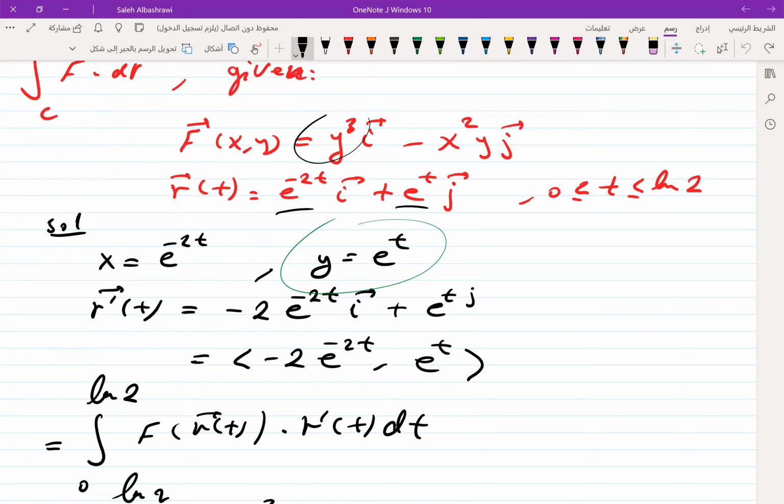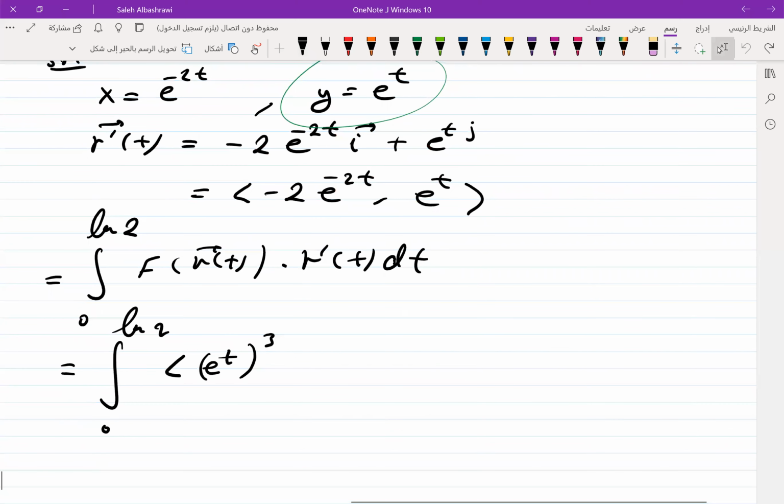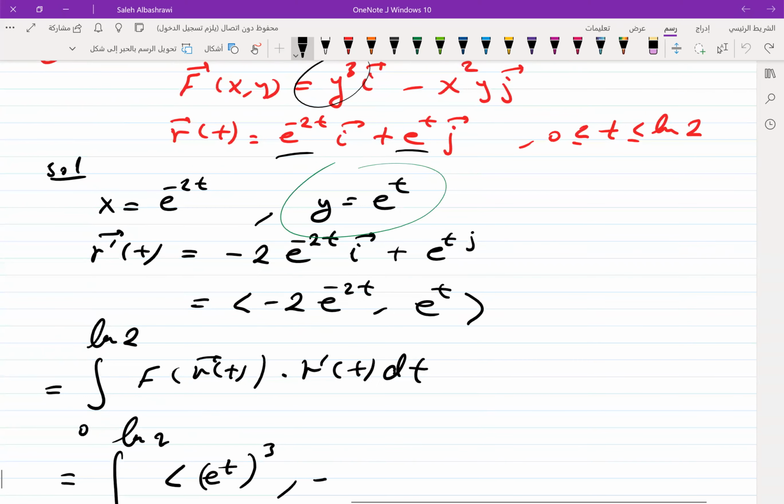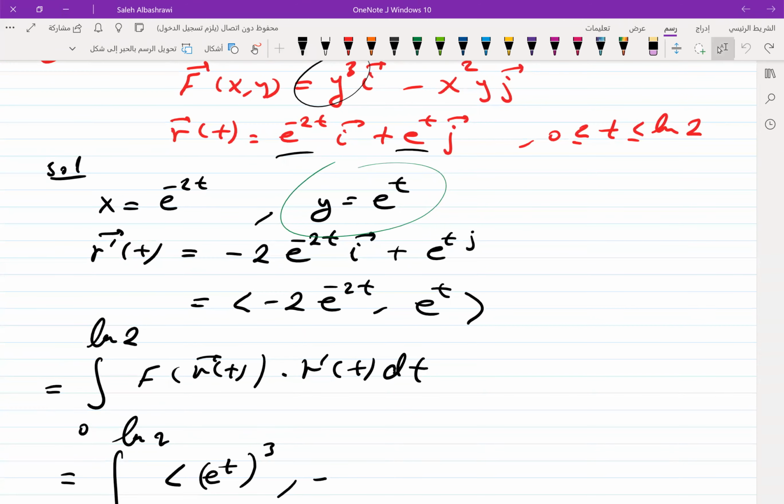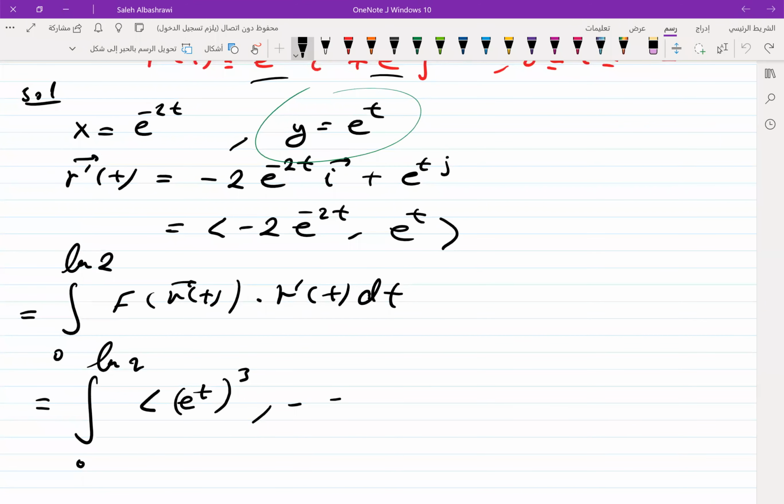I replace y by e to power t, I will have e to power t all to power 3. The second component is minus x squared y. X squared is e to power minus 2t squared multiplied by y, which is e to power t. This is only the first part.